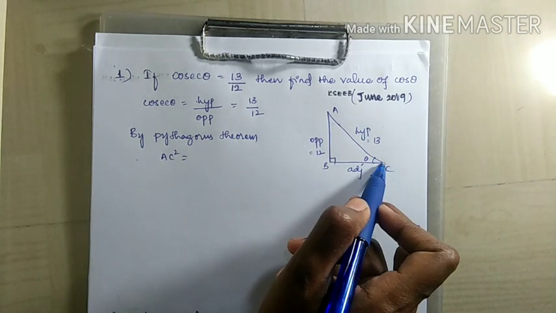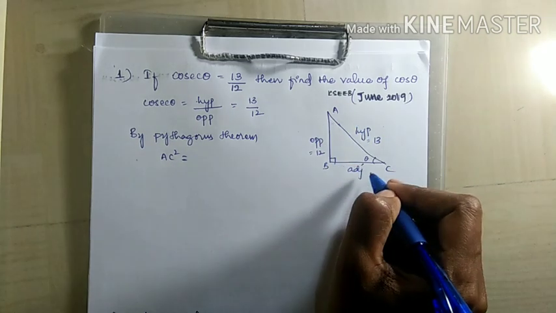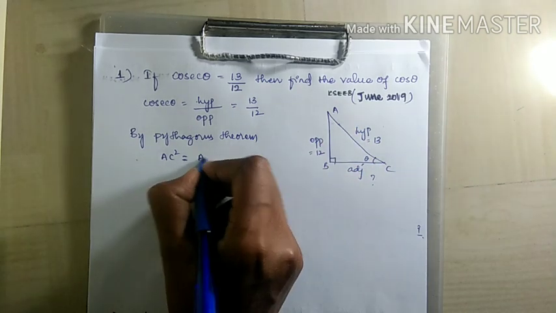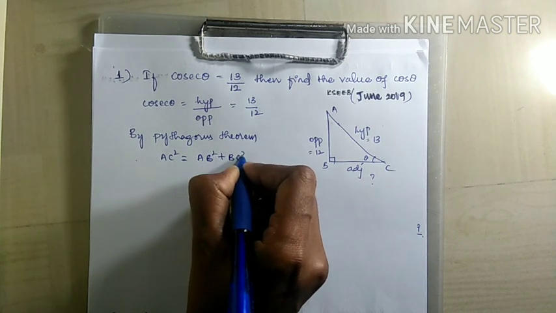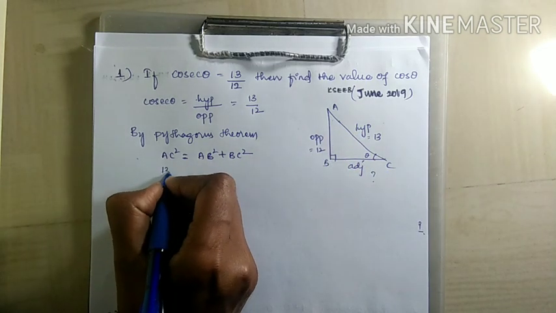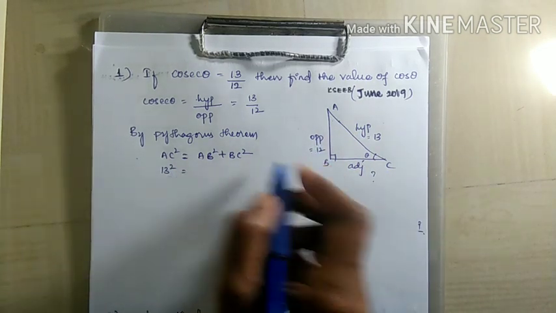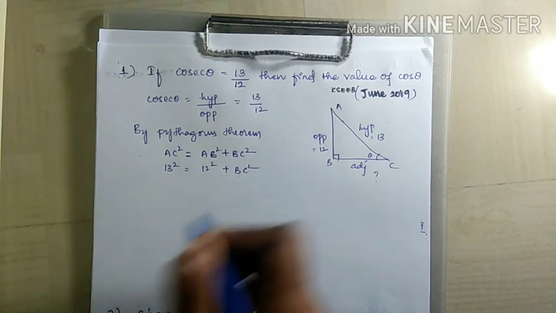So AC is the hypotenuse. That square is equal to the sum of the squares of the other two sides, AB square plus BC square. Now AC square is 13 square, equal to AB is 12 square plus BC square.